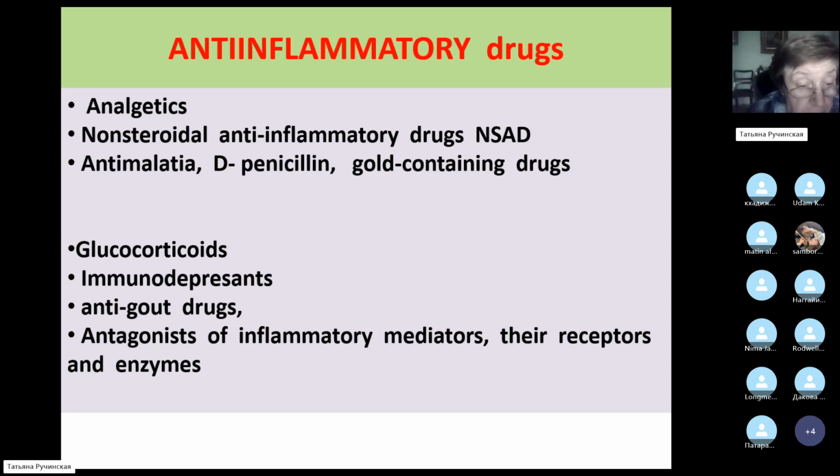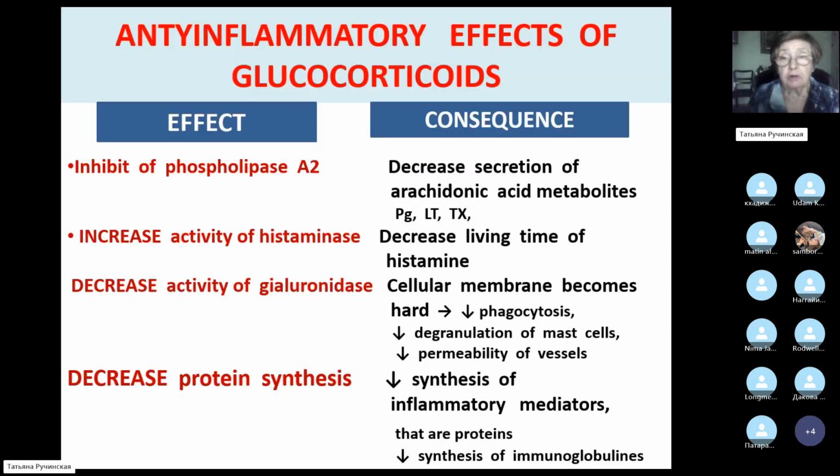Then there are glucocorticoids. These are steroid anti-inflammatory drugs. But let's look at this one. It is very important, and this is a question in your colloquium. Name the anti-inflammatory effects of glucocorticoids.